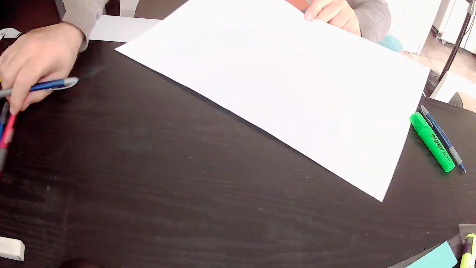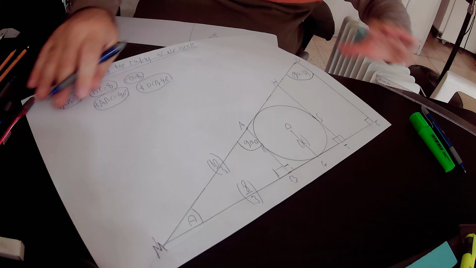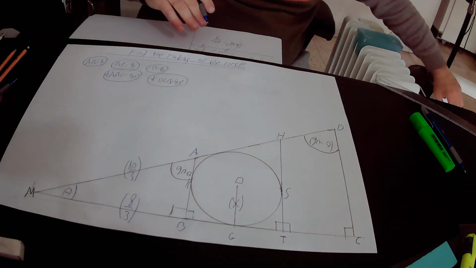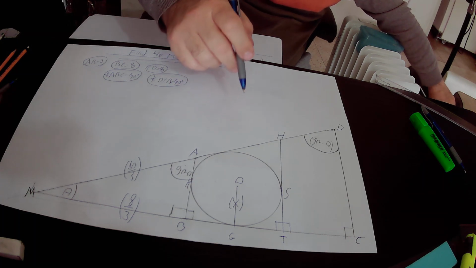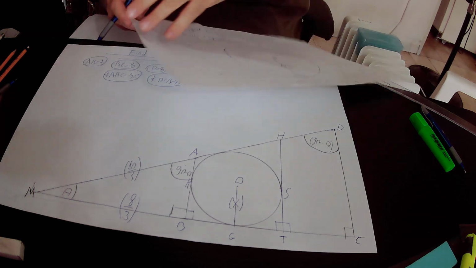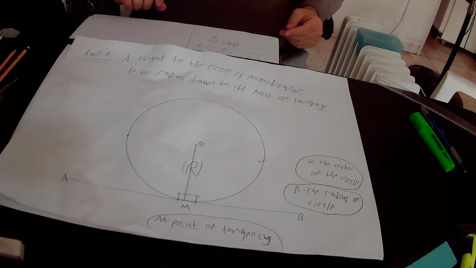We have here rule number 1, that you can implement in our drawing. According to rule 1, the tangent to the circle is perpendicular to the radius drawn to its point of tangency.